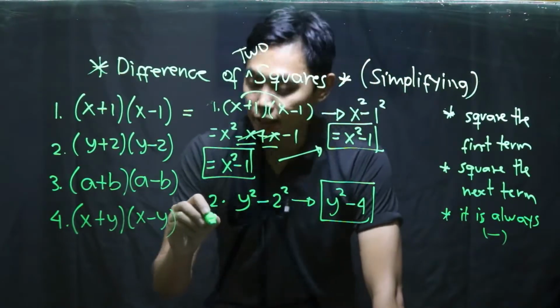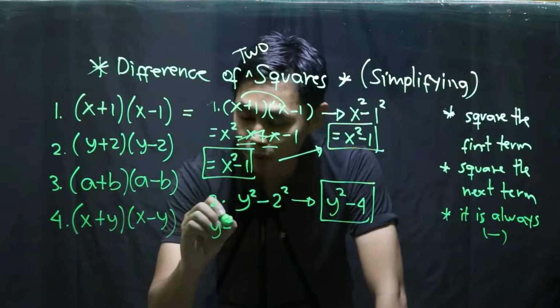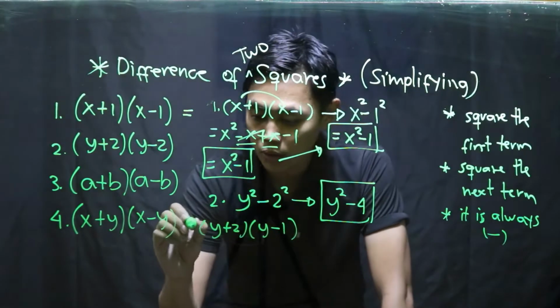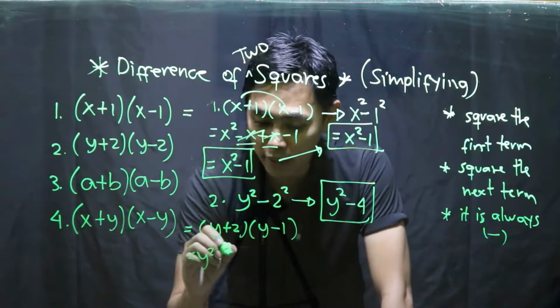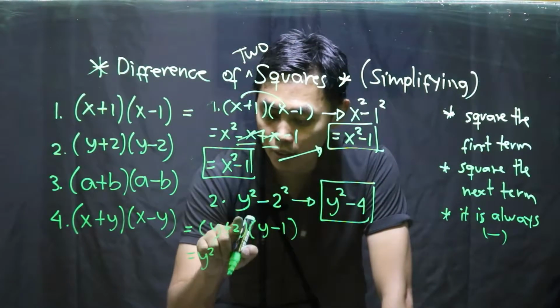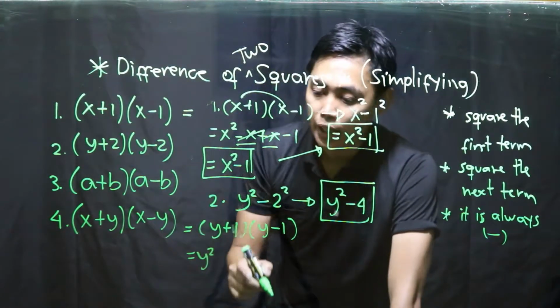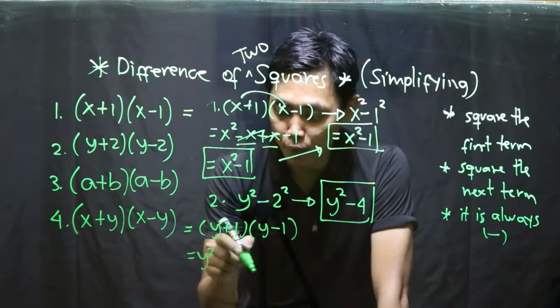Let's do the FOIL method: (y + 2)(y - 2).